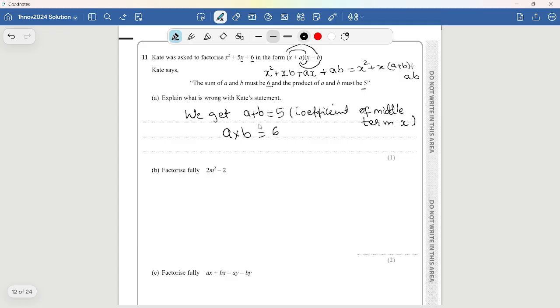So this is the right statement, and she is doing it the other way around. So that's what is wrong with her statement.